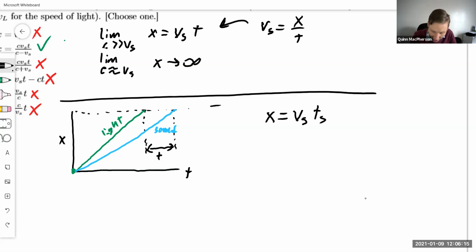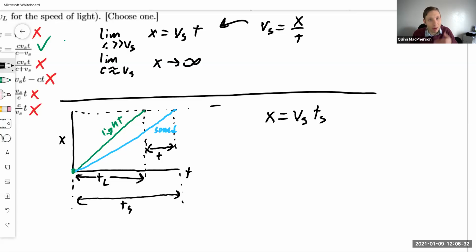So I'm going to call t sound the entire time sound was traveling. We're going to call t light the amount of time that the light was traveling. And then our t, the t that we're given in the problem, the t that we count, 1001, 1002, 1003, between the light and the sound, is going to be the difference between the two.